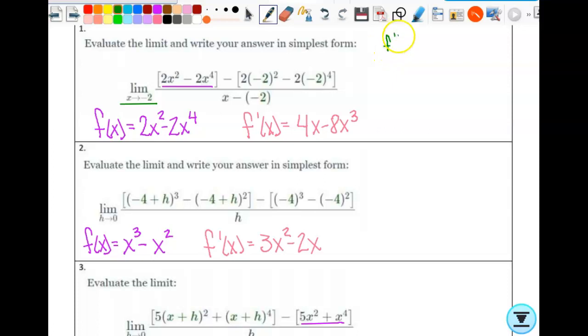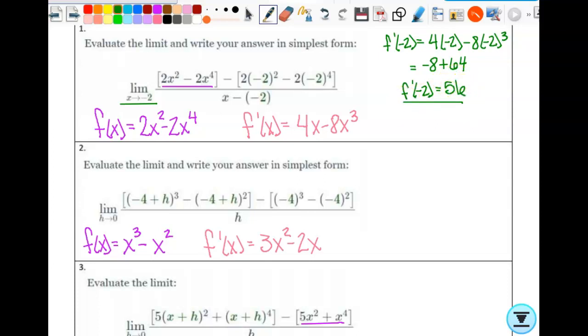So f prime of negative 2 is going to be 4 times negative 2 minus 8 times negative 2 cubed. So this is going to give me negative 8. What's negative 2 cubed? Negative 8. Negative 8 times negative 8 is positive 64. So f prime of negative 2 equals 56. Okay, so that's what it equals.